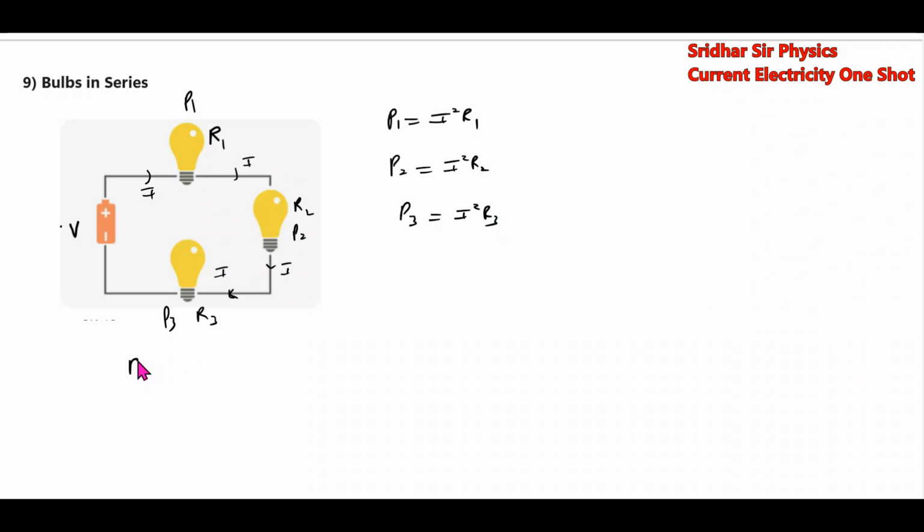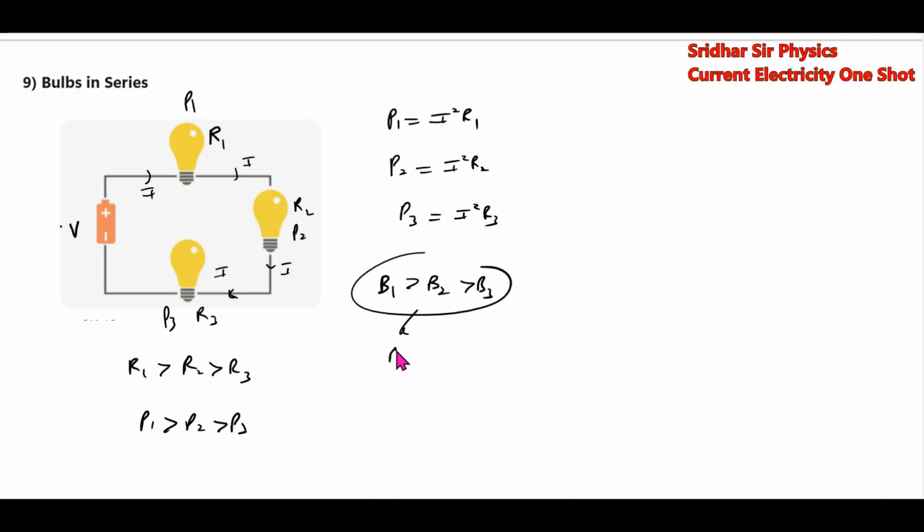And if I give the condition R1 greater than R2 greater than R3, tell me which bulb now will have more brightness. So based on this, P1 greater than P2 greater than P3. So the brightness of bulb 1 will be more than that of 2, and that of 3.